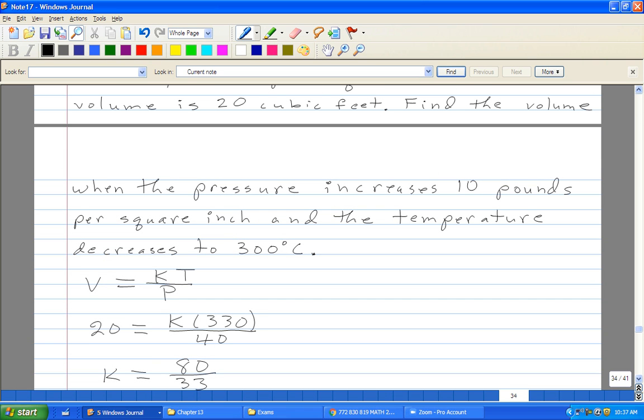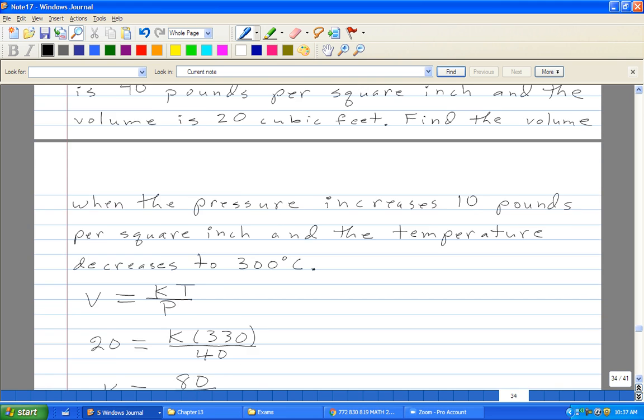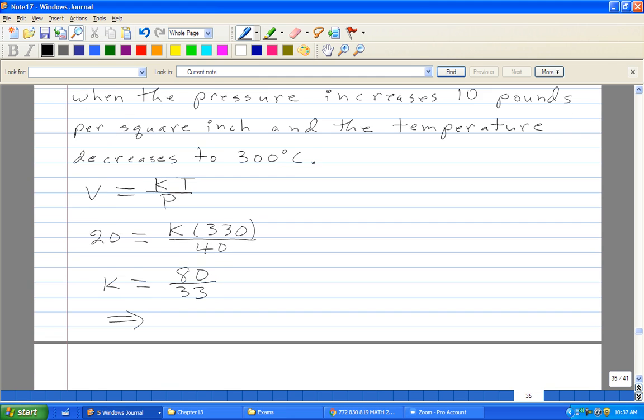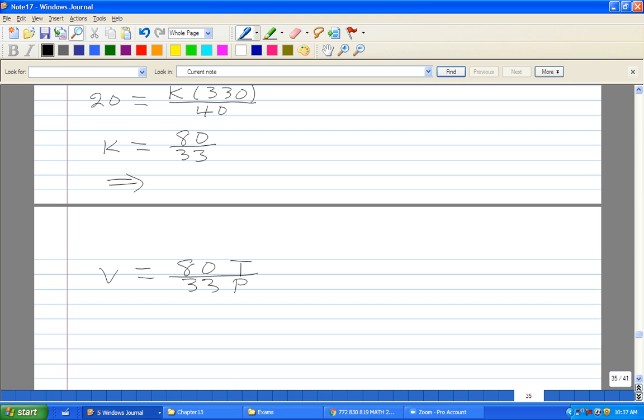Find the volume. So let's find V when the pressure increases 10 pounds. So it increases from 40 to 50. So 10 pounds per square inch. And the temperature decreases to 300. Okay. And so I have that the volume is equal to 80.